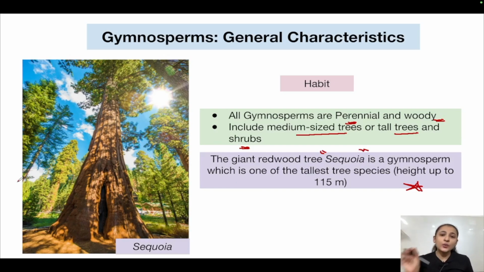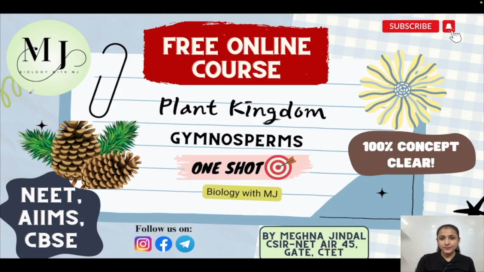It is a gymnosperm, and one of the tallest tree species that can be found on the earth. Its height can be up to 115 meters, which is a lot. So this was about Sequoia and about the habit of gymnosperms.